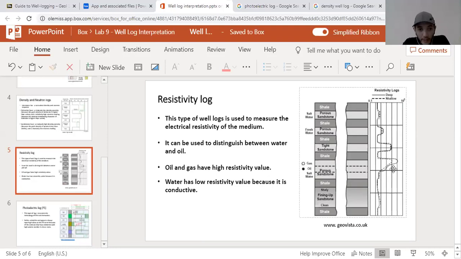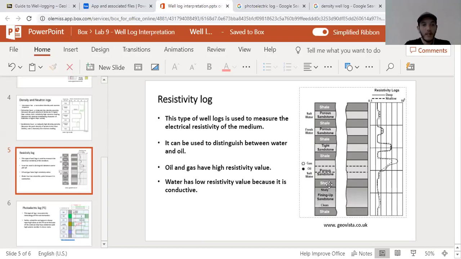Gas and oil have high resistivity values, while water has a lower resistivity value because water has high conductivity, so it will have low resistivity.